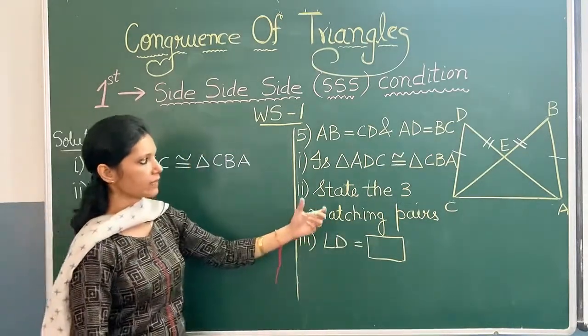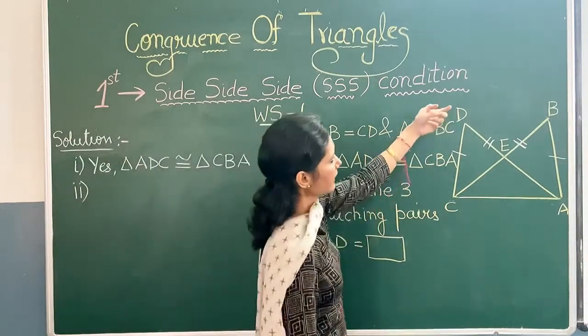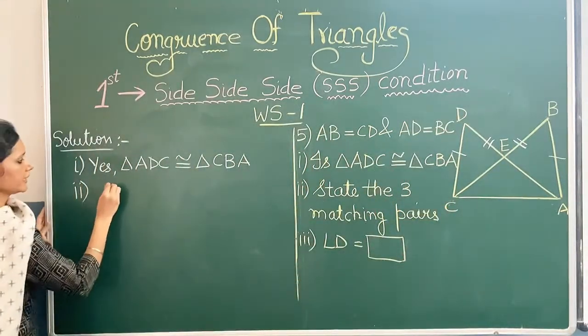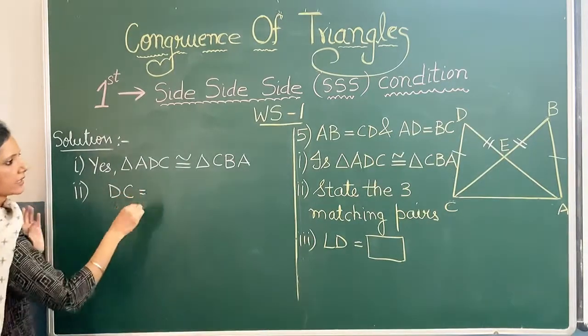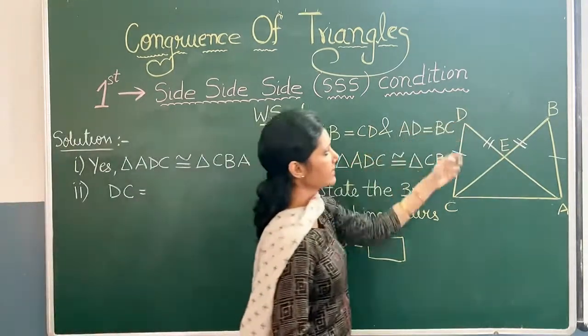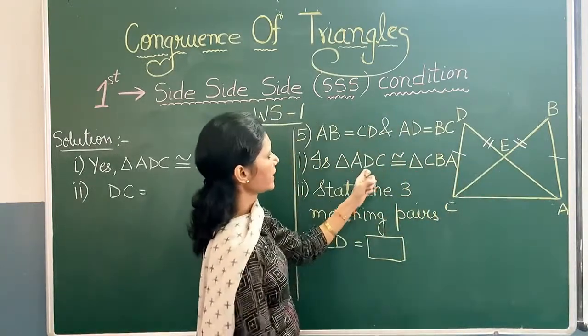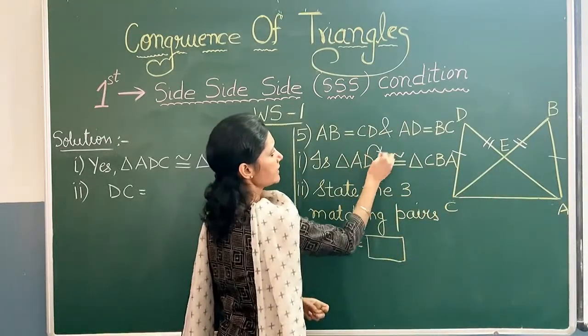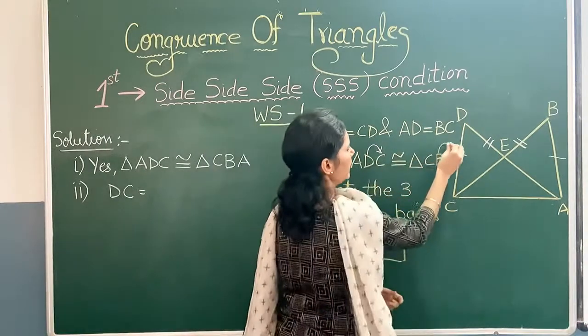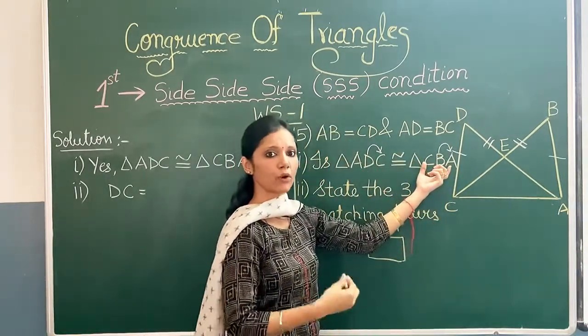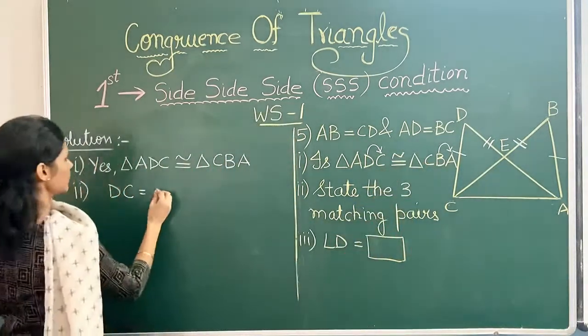So let's write down the first side of the first triangle, DC. If I write it as DC, the other side would be named as BA, or you can see the order from the name of the triangle. If you're saying DC, then the other should be BA, because the name of the triangle is always written in the order. So DC is equal to BA.